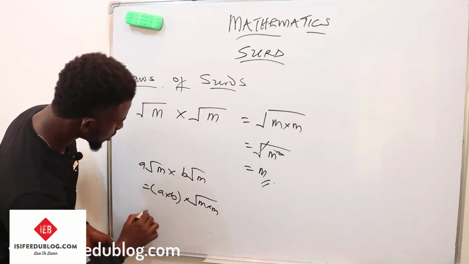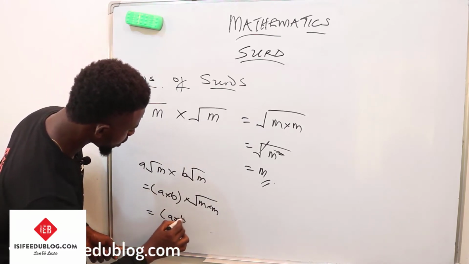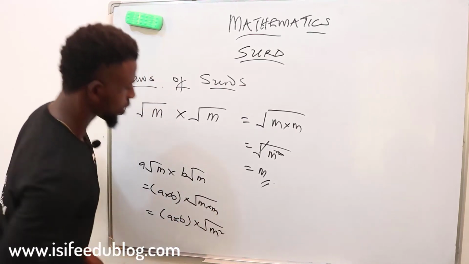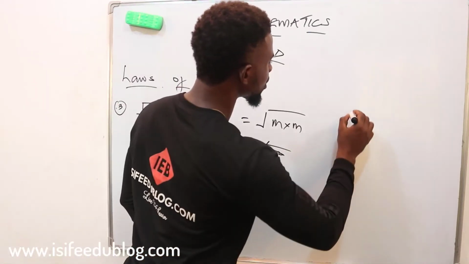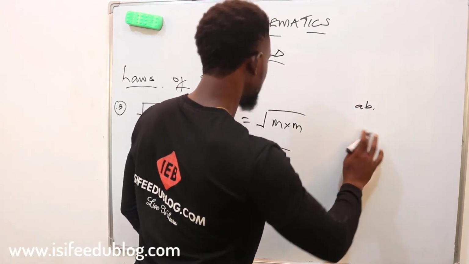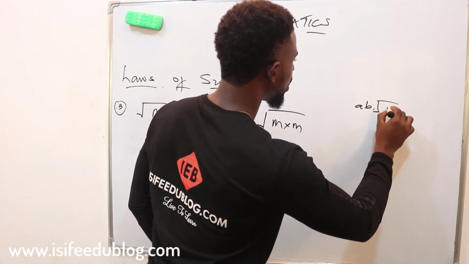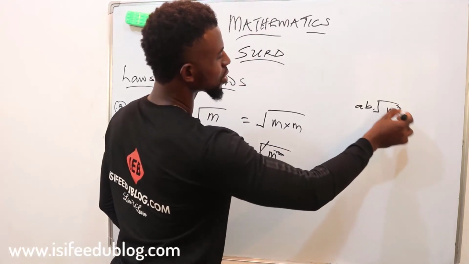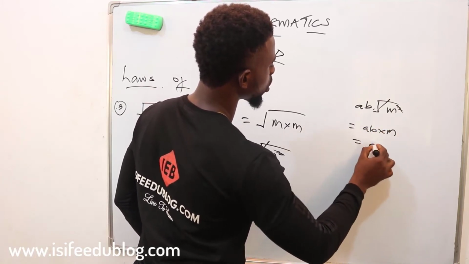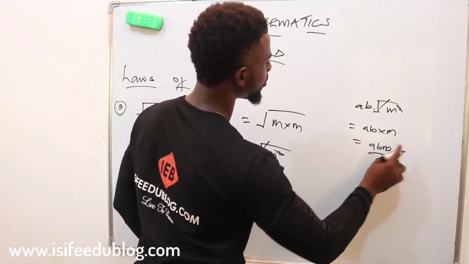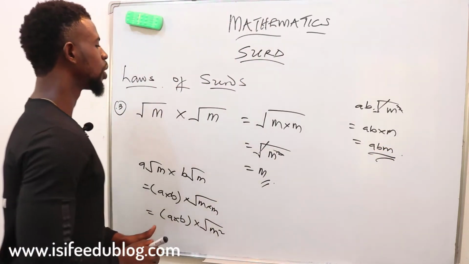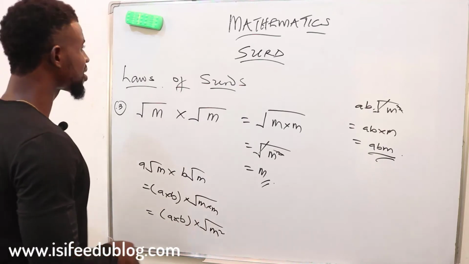So this becomes ab times root m squared. I know that our square will cancel our root to have ab times m, which is equal to abm.